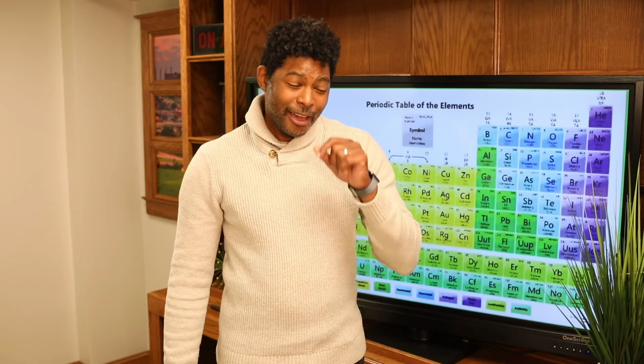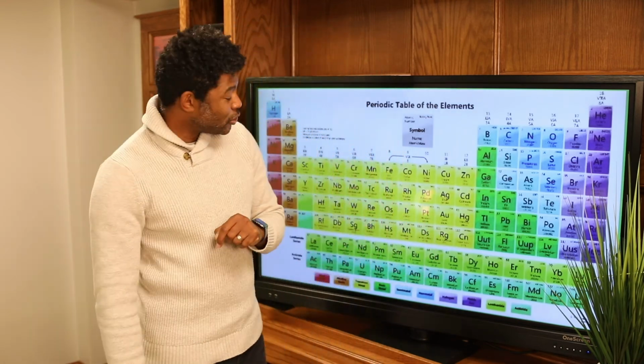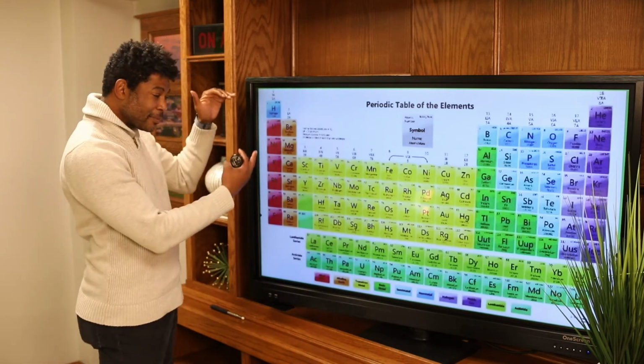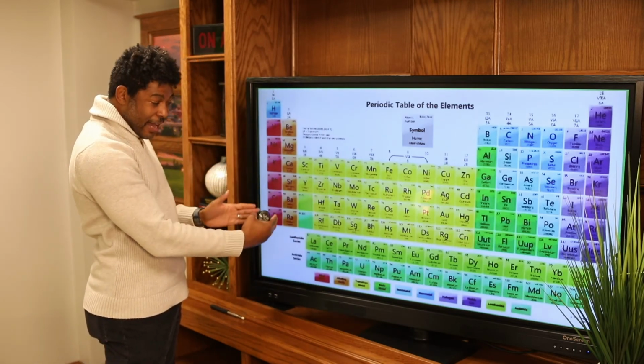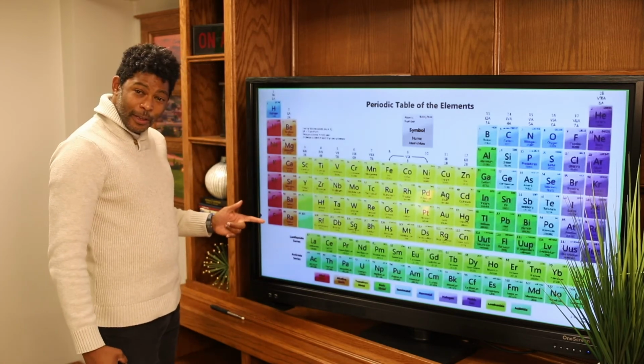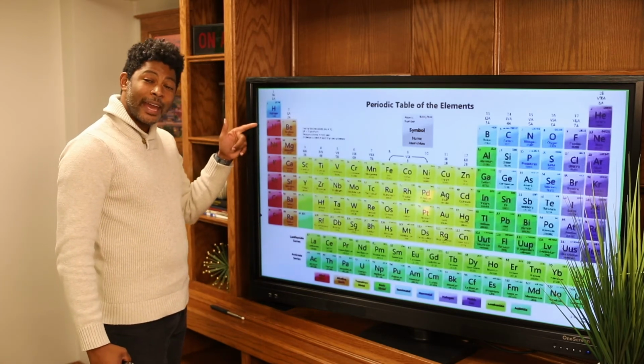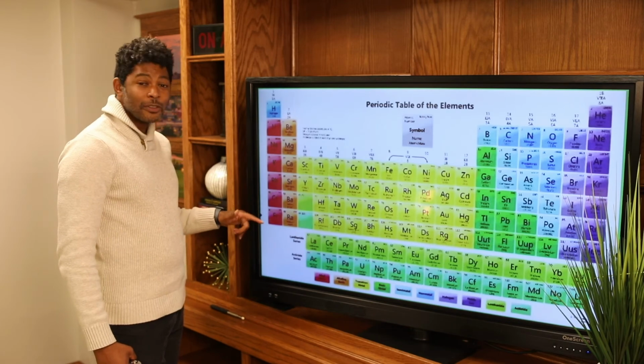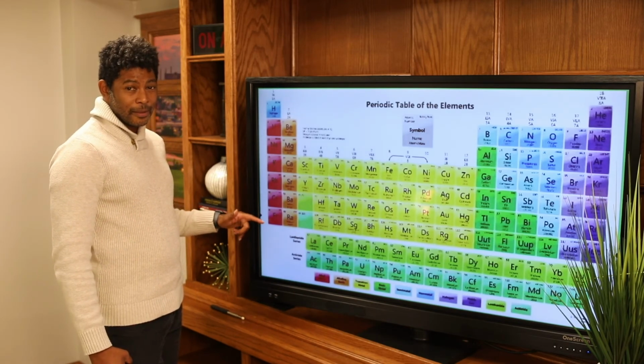We don't look alike, but we act alike. And we go from 0 to 100 real quick. So what you find is that elements that are in a family act alike. And as you go down, you go from slight reaction to 0 to 100 real quick.